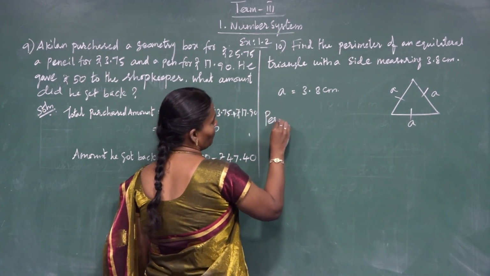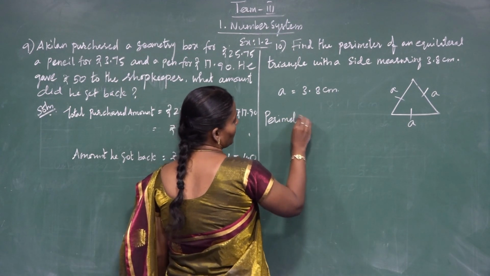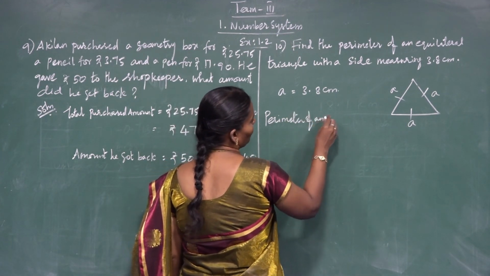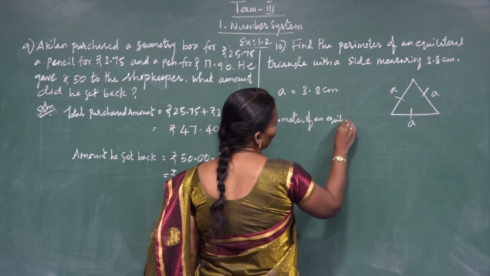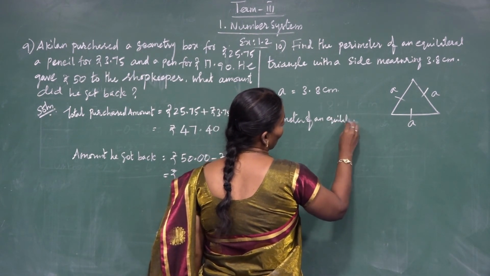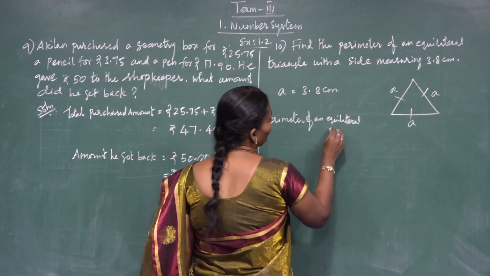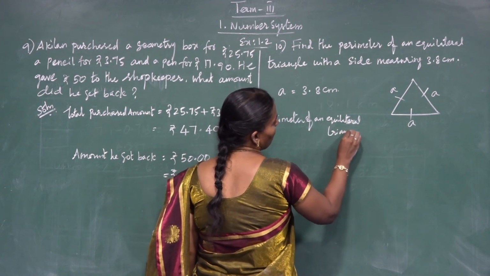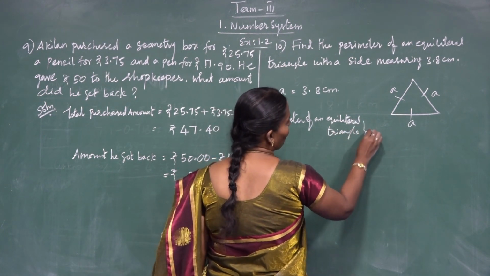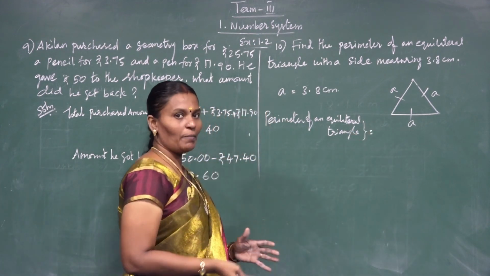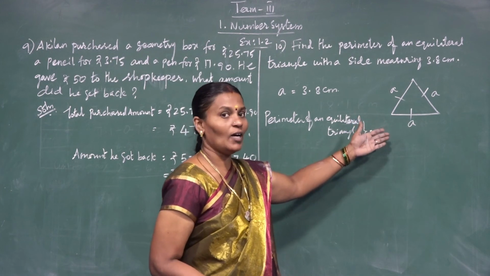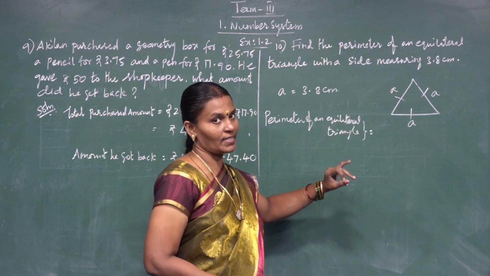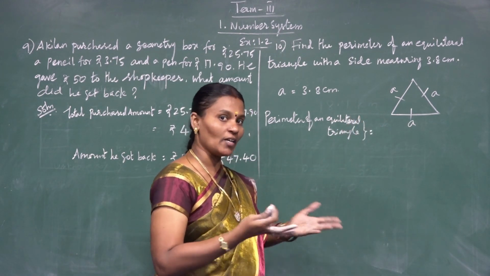What is the formula of the perimeter? Perimeter of an equilateral triangle. Actually, the perimeter means sum of all the sides. Here, how many sides does the triangle have? 3 sides, and all 3 sides are equal.